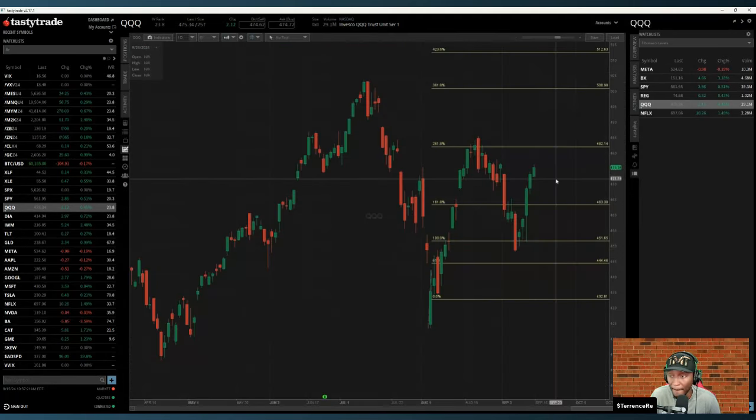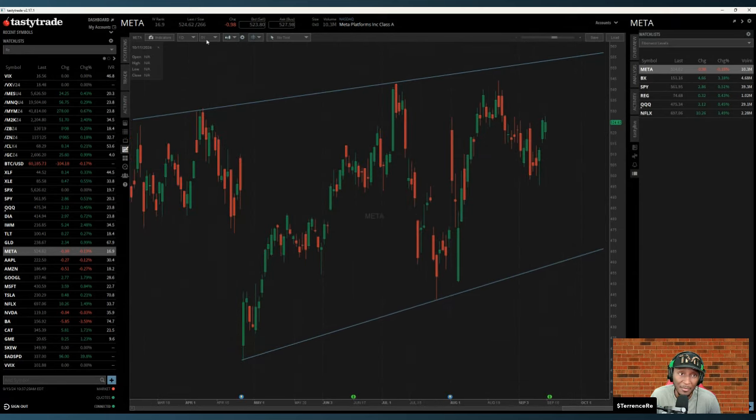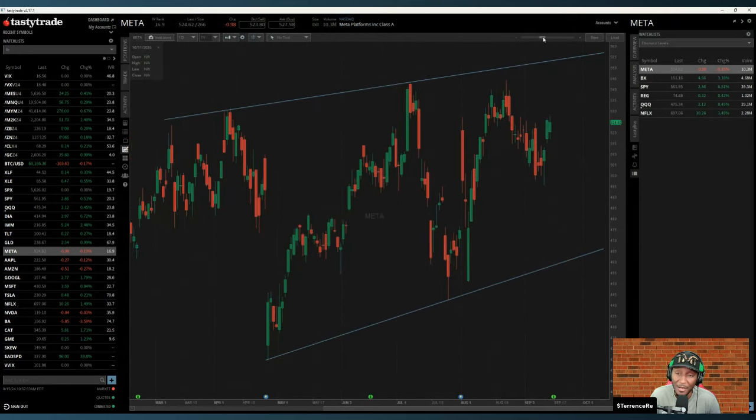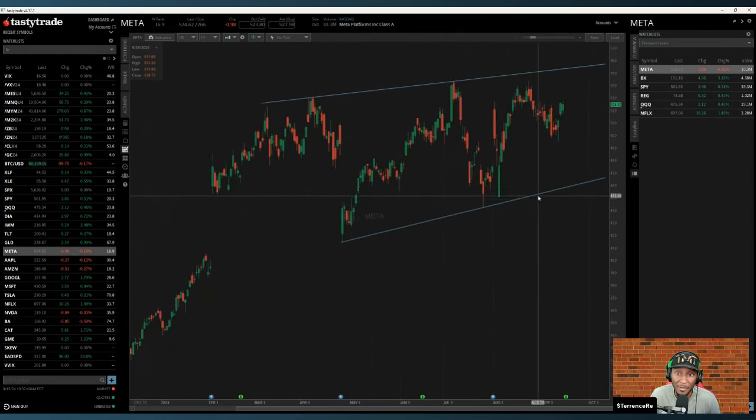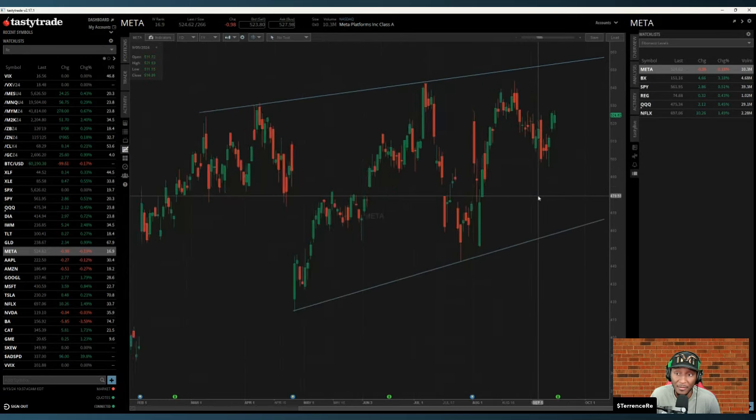Let's go and take a look at a stock. I really want to look at Meta. We're gonna look at Meta because I'll be watching this one this week. I've been watching it for a while. If you zoom out, you'll see this is a 1 year chart, and you see this little pattern up here we got going, right?